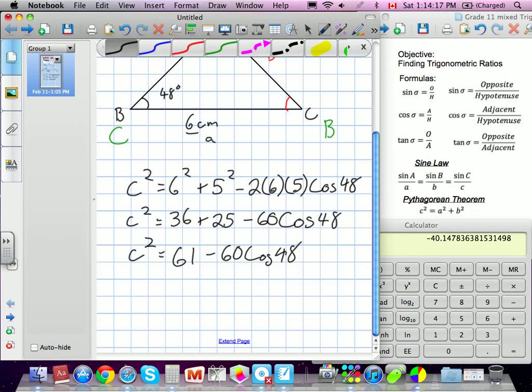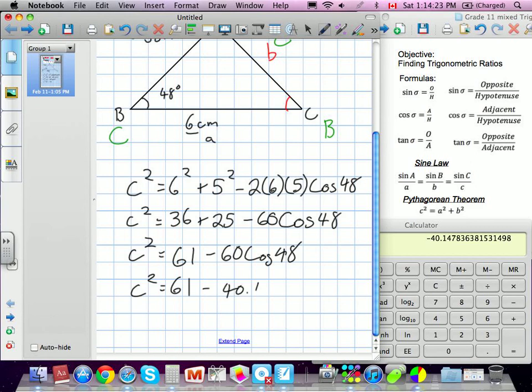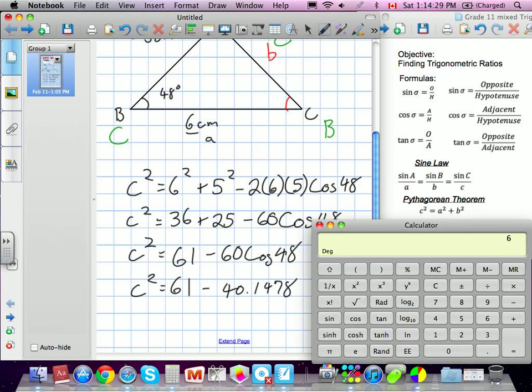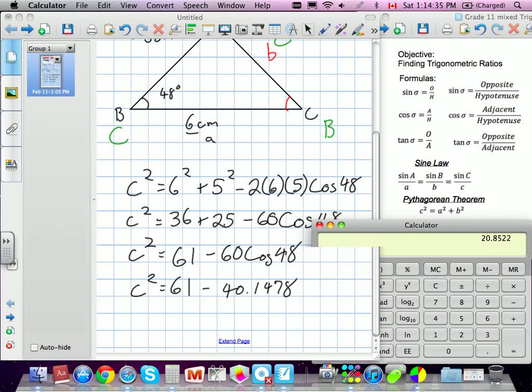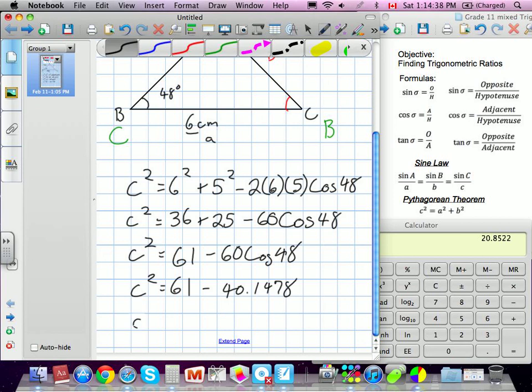So that's going to be our number. So we'll get c squared is equal to 61 subtract 40.1478. Say we go to 4 decimal places to be accurate, right? Then when we subtract those numbers, 61 subtract 40.1478, we get this number. So our side c squared is equal to 20.8522.